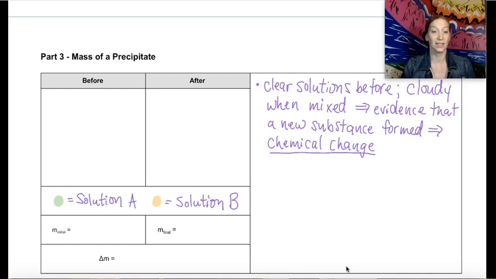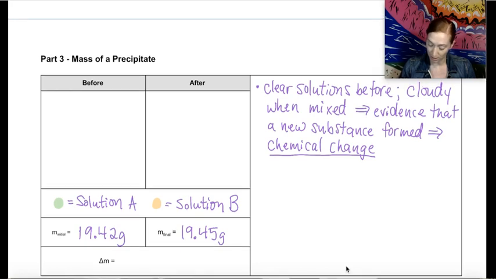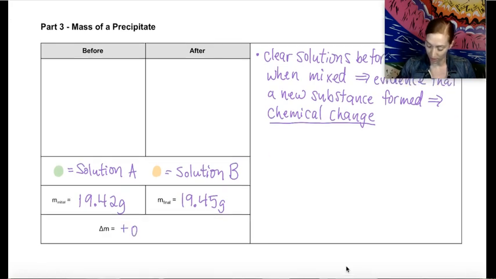Okay, let's dive into our mass data and our particle diagrams. Mass data before, our initial, is 19.42 grams. After, 19.45 grams. So we have a slight increase. This is going to be a change of 0.03 grams.